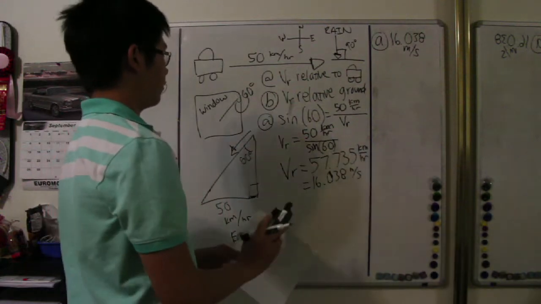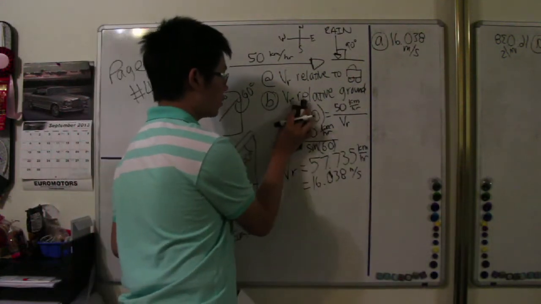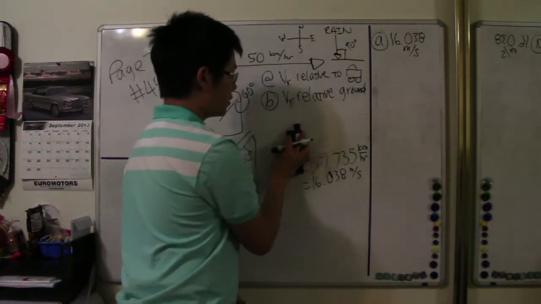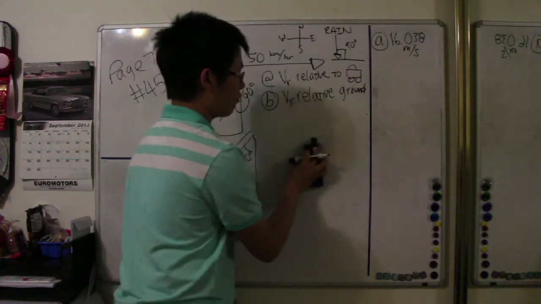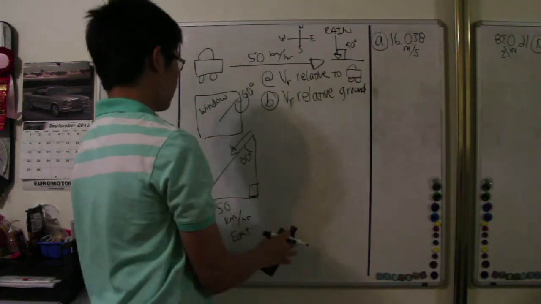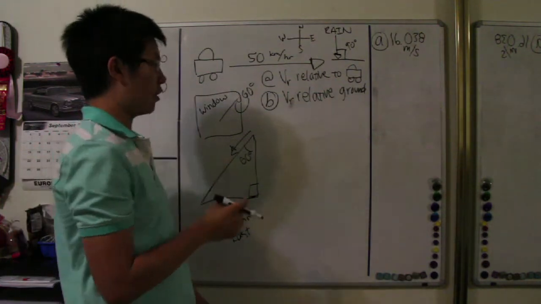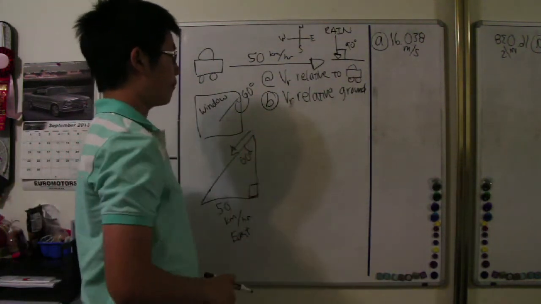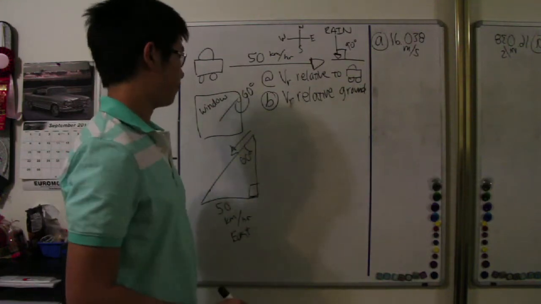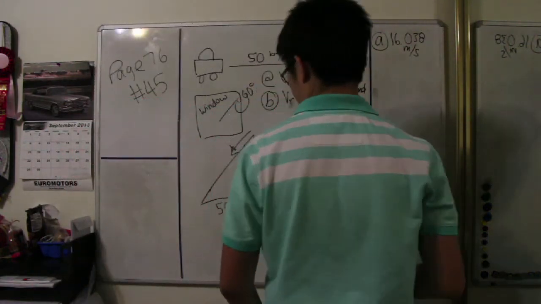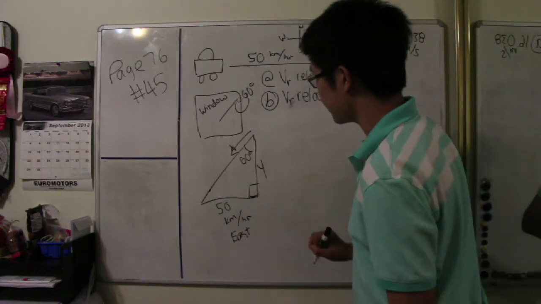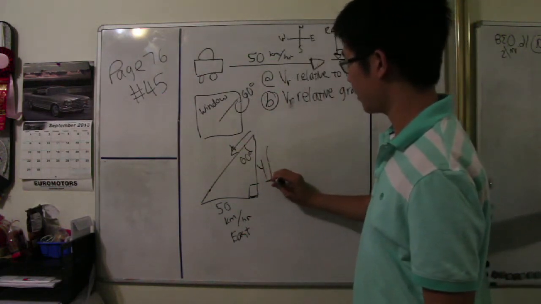So now, if we erase the work for part A, we can do part B. And we're finding the velocity of the rain relative to the ground. So here, we're trying to find the y velocity moving downwards.